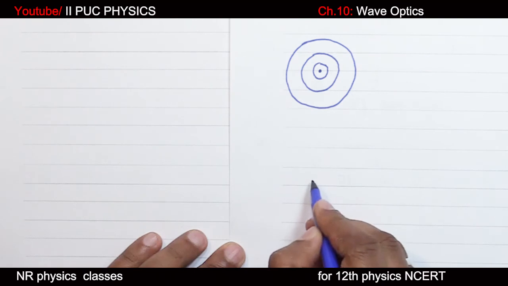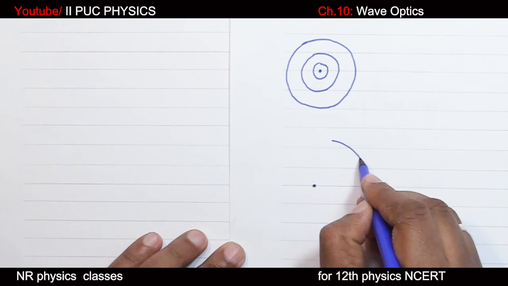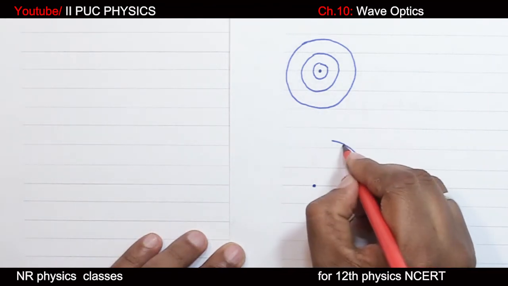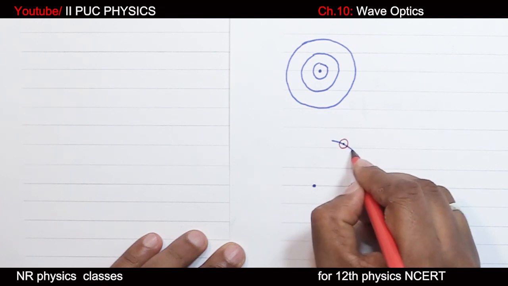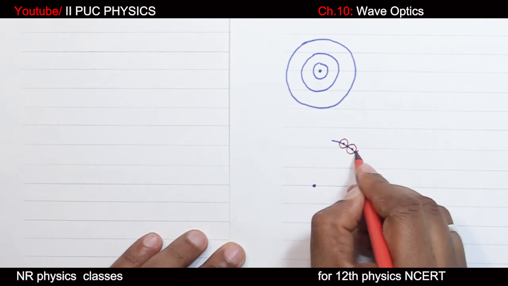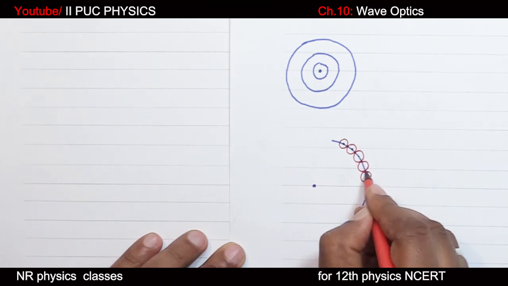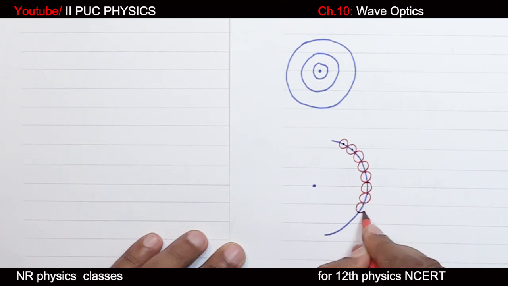So Huygens said, if this is a source and this is part of a wavefront, every point on the wavefront behaves like a secondary source of disturbance. So from every point disturbance spreads.